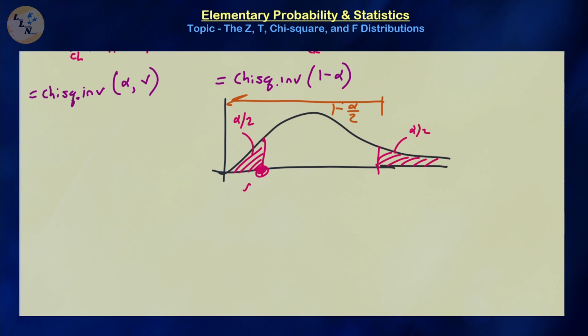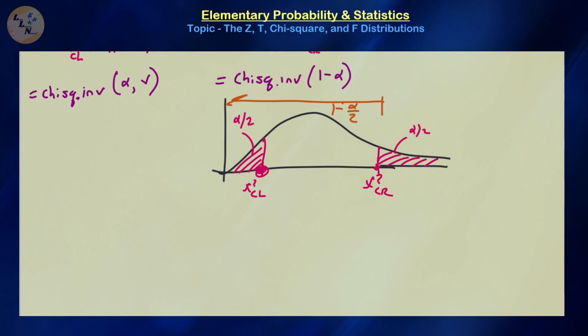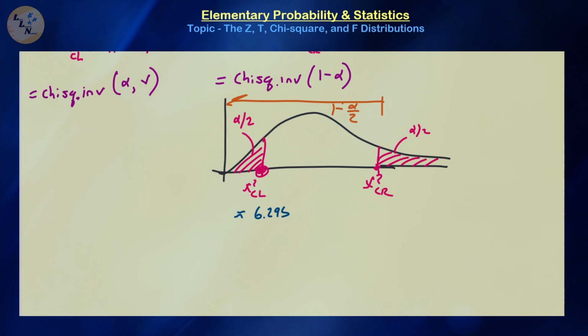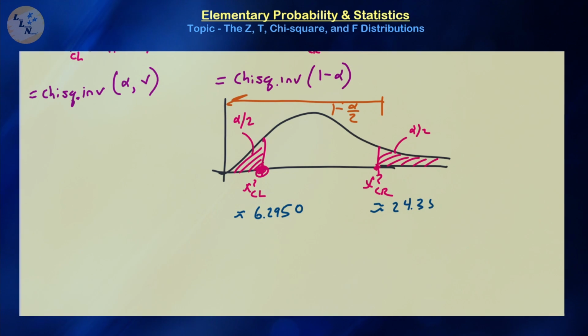We're going to have chi-square CL and chi-square CR. Right? So one should be able to show that that's approximately equal to 6.2950, and that's approximately equal to 24.3546. So that's how you calculate your left tail, right tail, and your two-tailed critical values for a chi-square distribution.